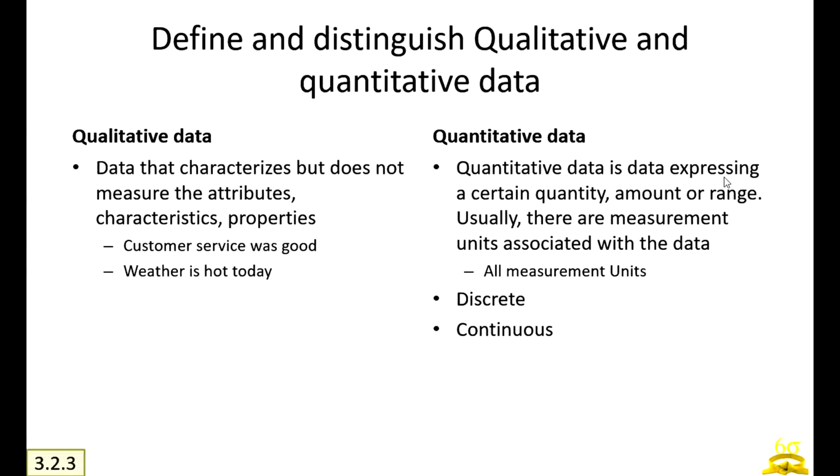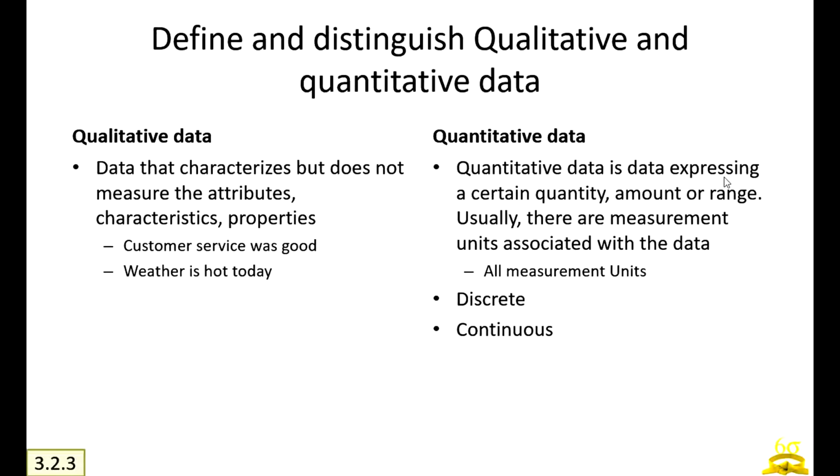Quantitative data, on the other hand, is purely numerical, and you can measure it. If I say the weather is hot today, I can say today it is 35 degrees Celsius, or maybe 40 degrees Celsius. So quantitative data is numerical and measurable.